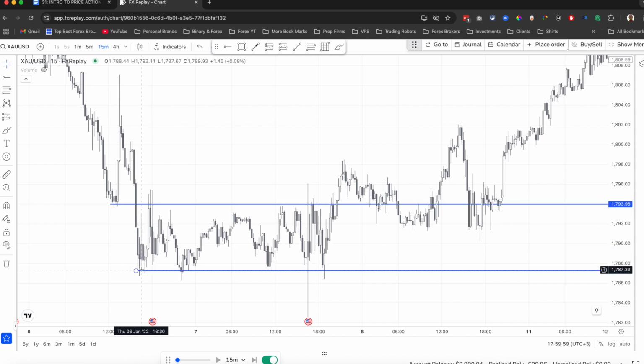Here we see a rejection because this price was going down and it didn't pass this support level here, and then it went up. Then we see a rejection, and then we went down. We see multiple candles here, rejection, and multiple rejection here, multiple rejection here, multiple rejection here, and then it broke out.